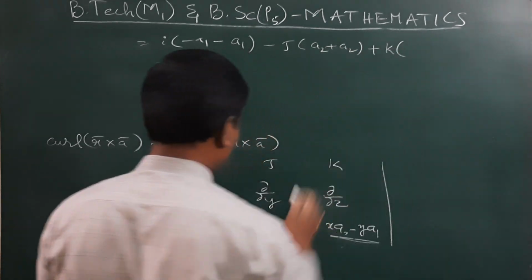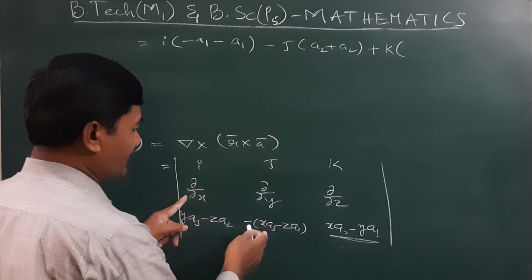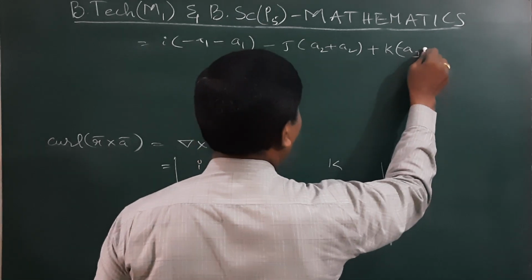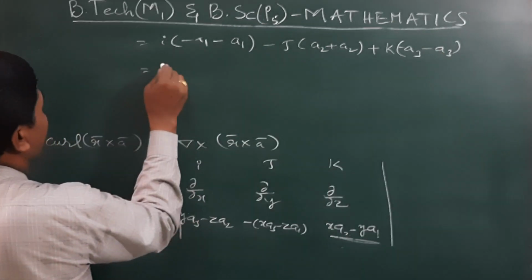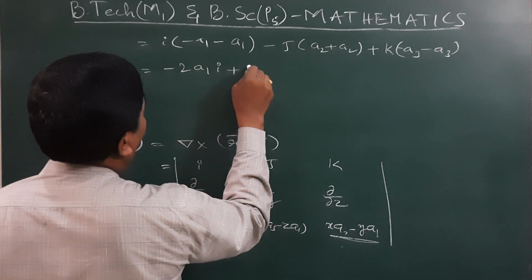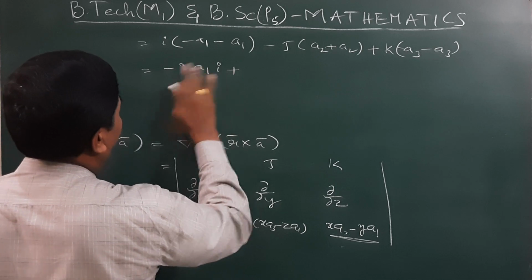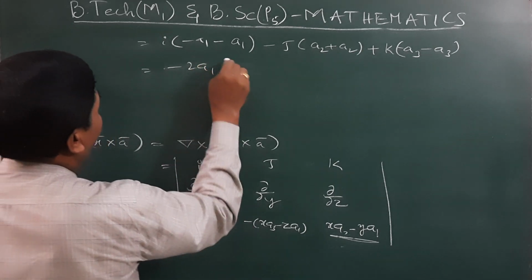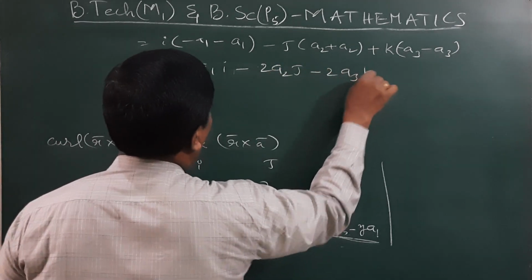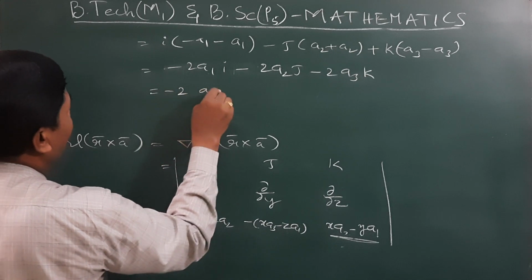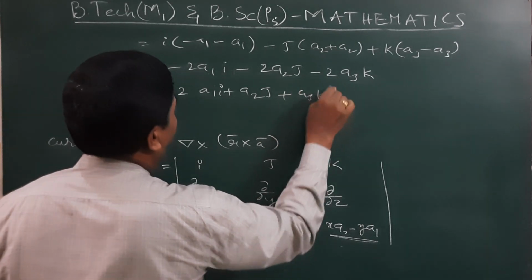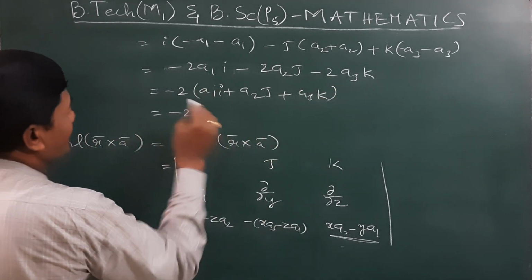Plus k times ∂/∂x of this one, minus a3, and another minus a3. So simply it is minus 2a1 i minus 2a2 j minus 2a3 k. Minus 2 is the common term: a1i plus a2j plus a3k. So this is nothing but minus 2a.